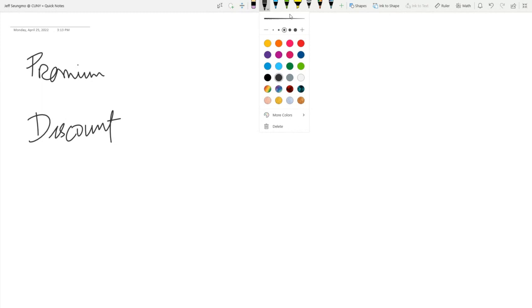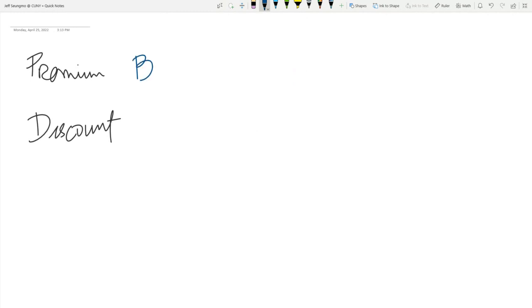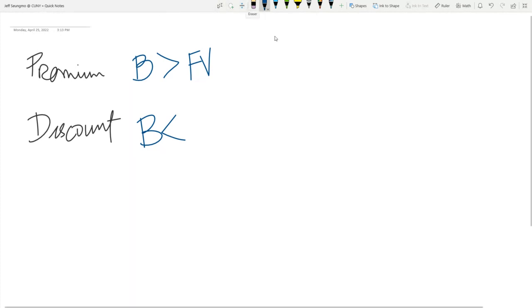So you answered it well. A premium bond is a bond where the price of the bond is greater than the par value, the face value, right? A discount bond is the case where the selling price is less than the face value.